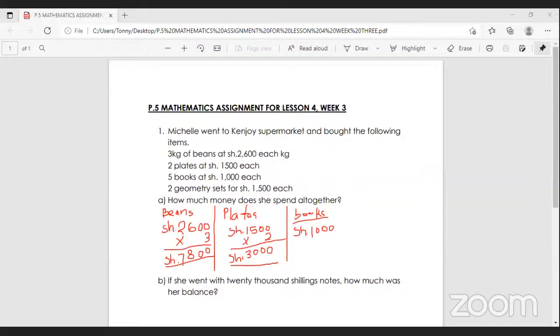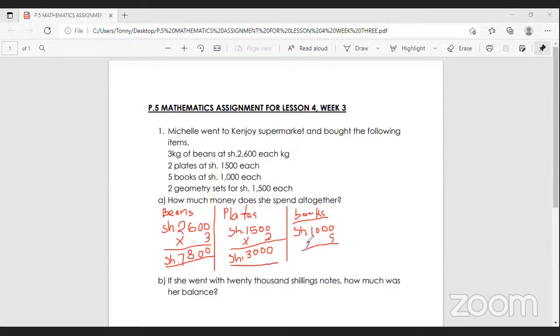Okay, can we pick Paul? Paul Moses? Okay, Boniface? Yes, teacher. Let's work out the money we are spending on 5 books. Each book is 1,000. How about 5 books? Times 5.